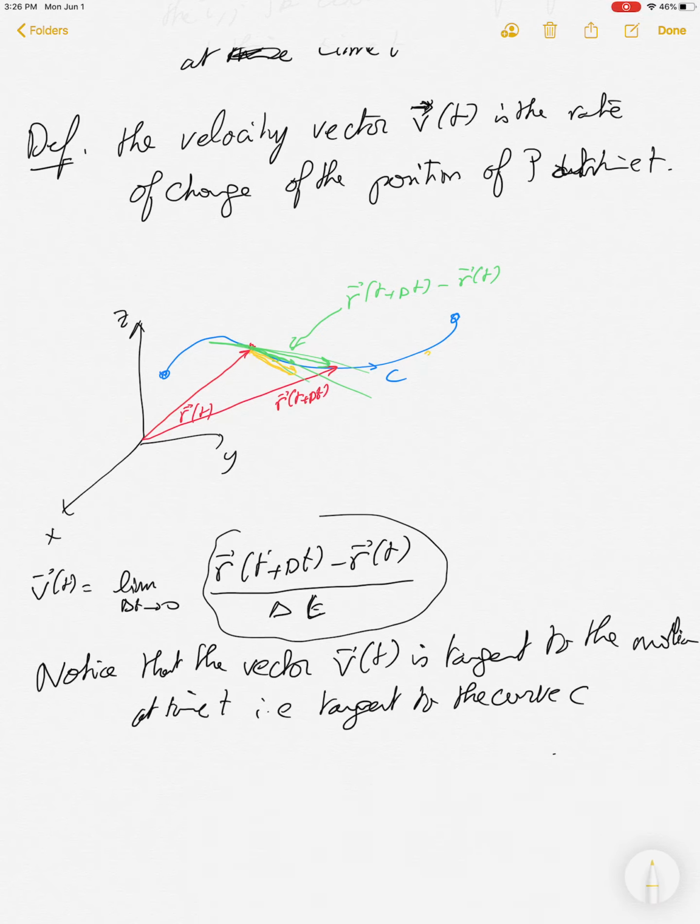It is tangent to C. Here v of t is tangent to C. Here v of t is tangent to C. And here v of t is tangent to C. It is in the direction of motion because I'm moving from t equal a to t equal b.